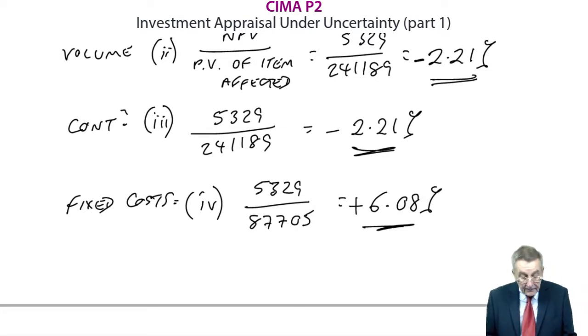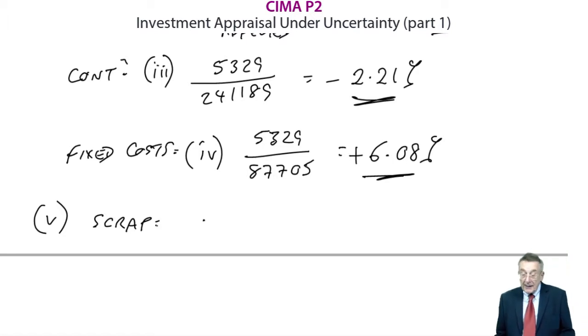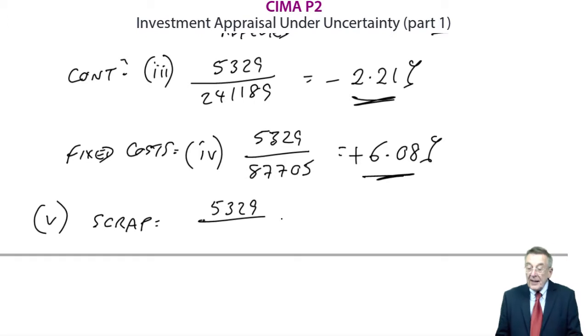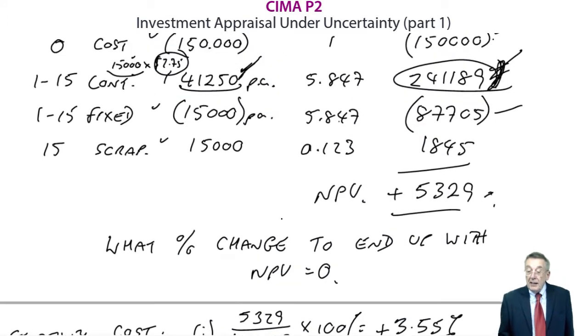Only 2 left. What about the, what was it? The scrap value? Well, it's automatic. The present NPV, 5329, divided by the present value of the one that would change. Everything else now we assume is certain. It's only scrap that will change.